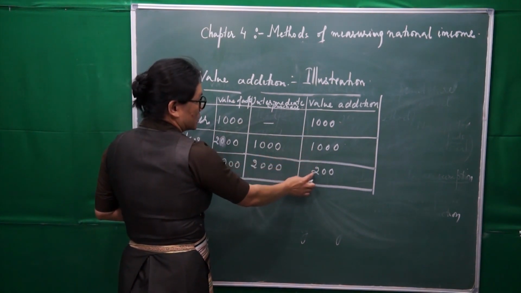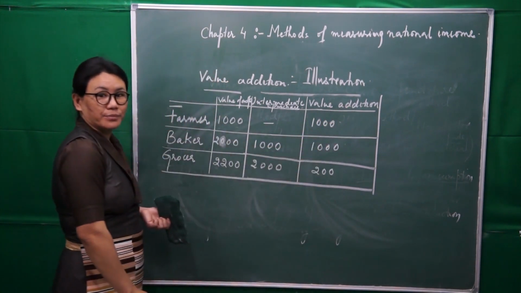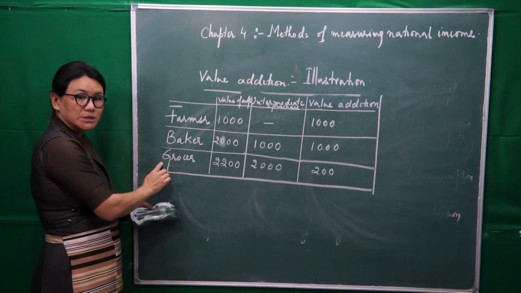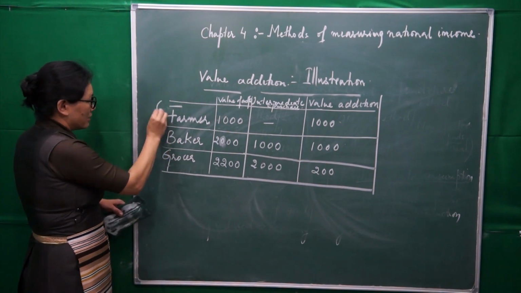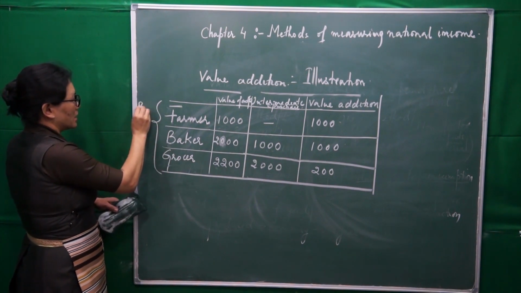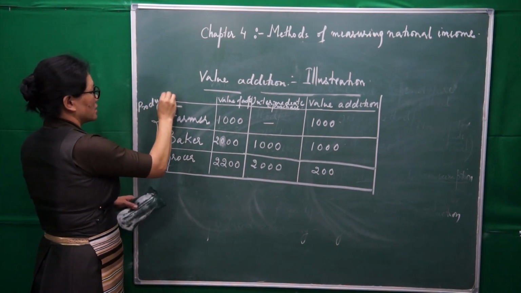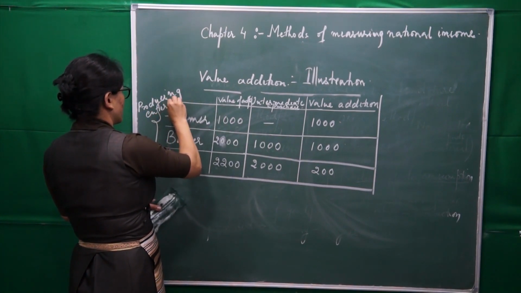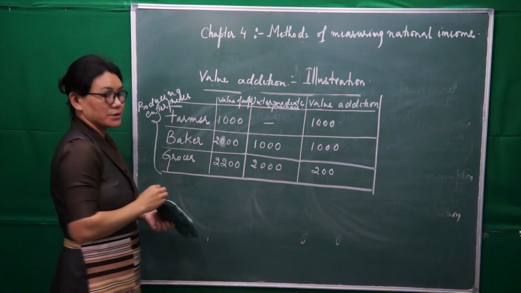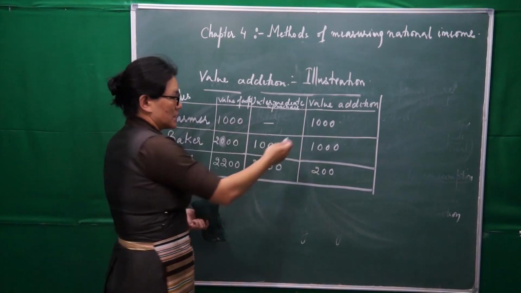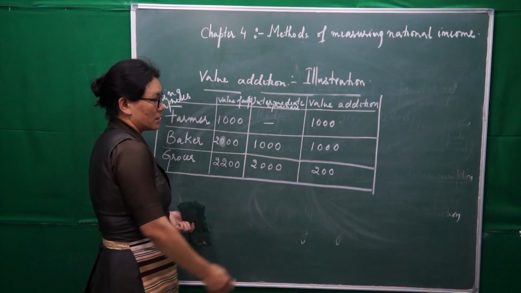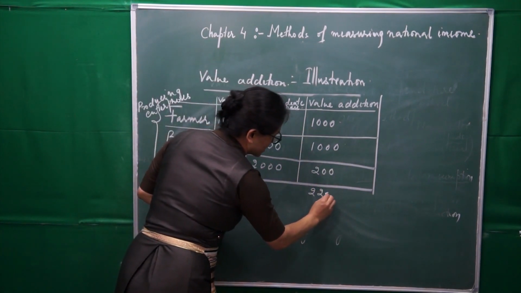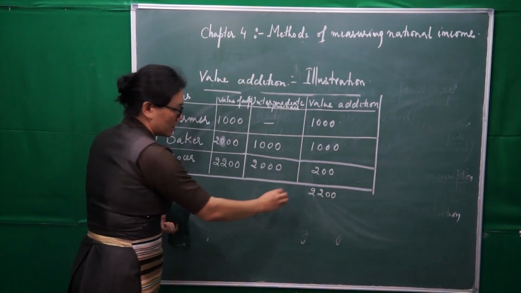Okay. Now see here. These are the value addition of these producers. Right? So I will take up these as producing enterprises. Right. Now, sum up all these things. So that will become very simple, 2,200. Okay?